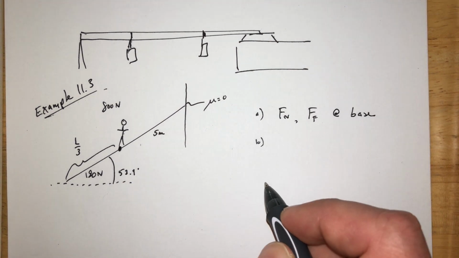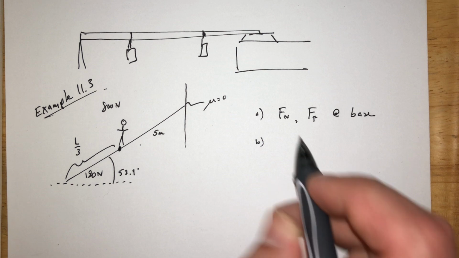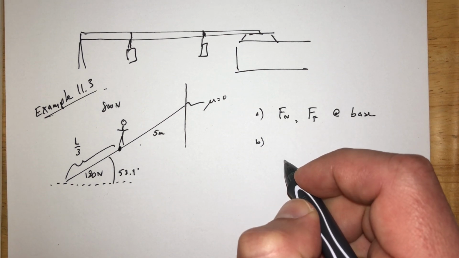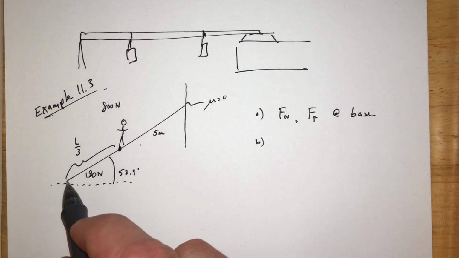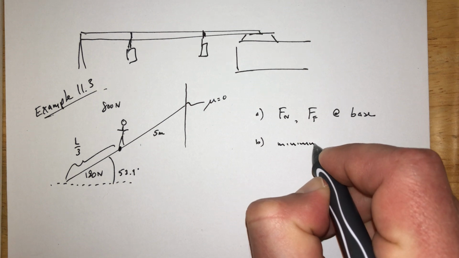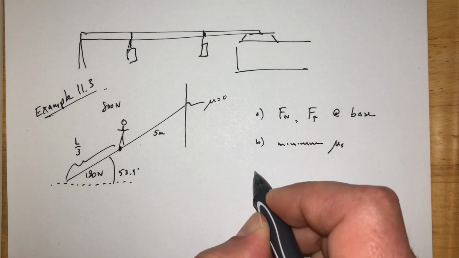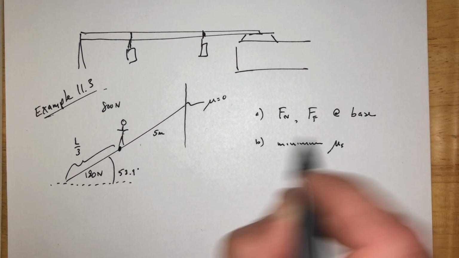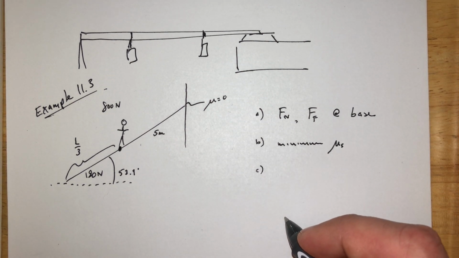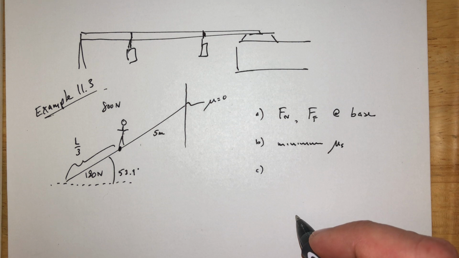B, find the minimum coefficient of friction needed to prevent slipping. Minimum mu, static, because it's not moving. Find the magnitude and direction of the contact force on the base of the ladder.